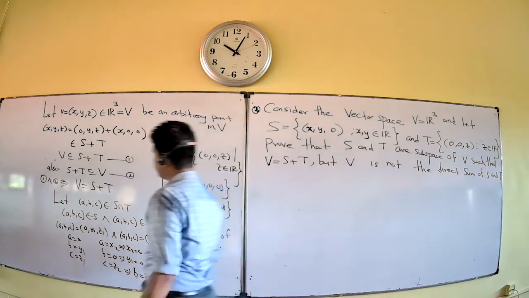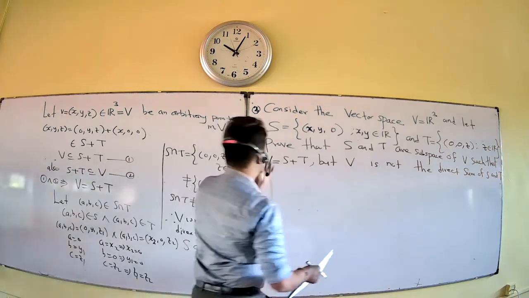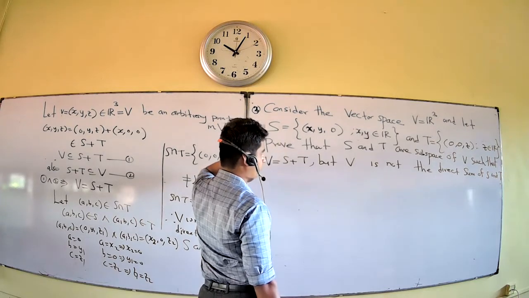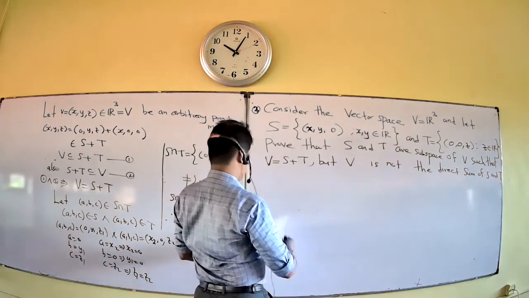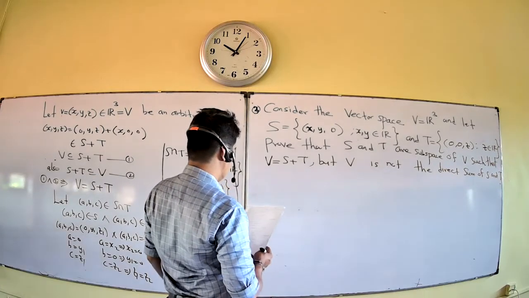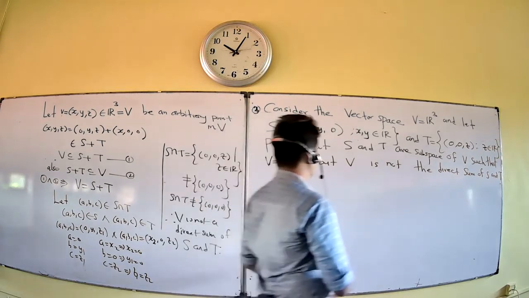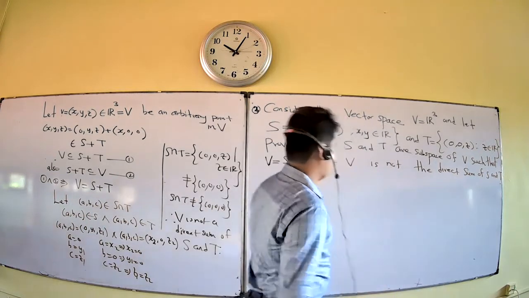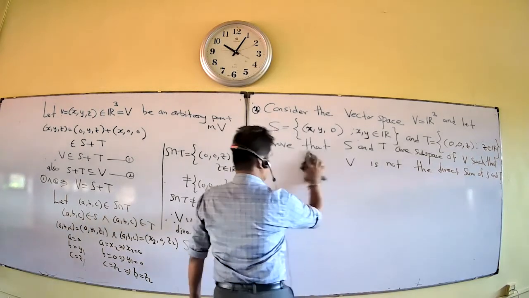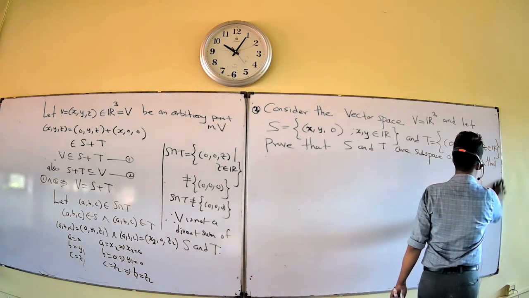So for this question, first you want to verify that S and T are subspaces of V. We change this question because the direct sum condition is satisfied here.